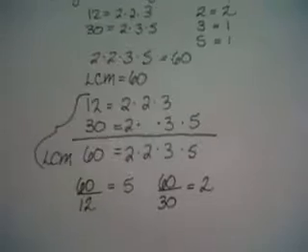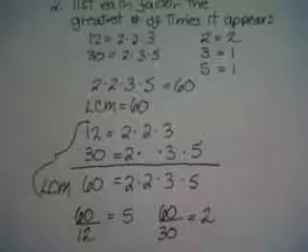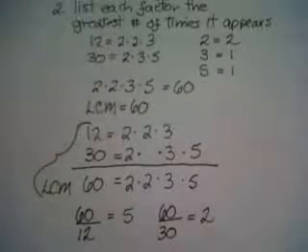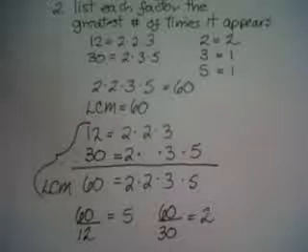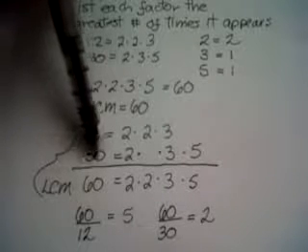This is how my method works. If you take a look, you'll see that 12 is 2 times 2 times 3. So again, my first step is to write each number as a product of primes. For 30, I'm going to line up the factors of 30 underneath the factors of 12. So 30 was 2. Well, I have a 2 here, so I'm going to put that 2 underneath.